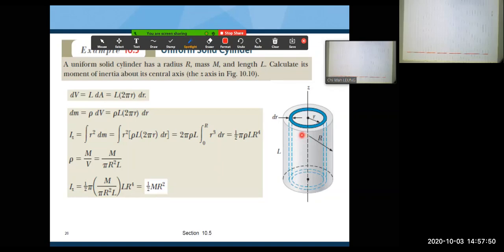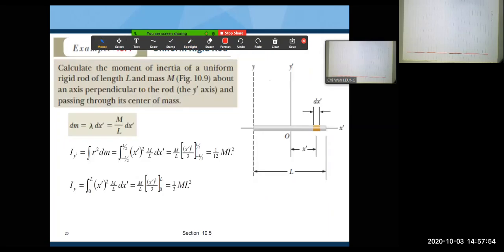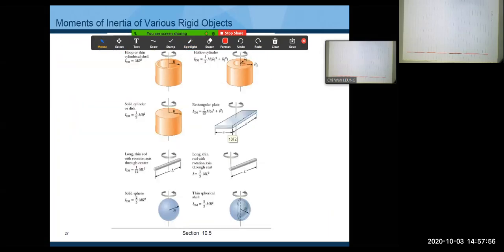And I mentioned in the last lesson, we are not asking the students to do the integration and find the moment of inertia for a continuous object. But we have some standard equations for various scenarios.